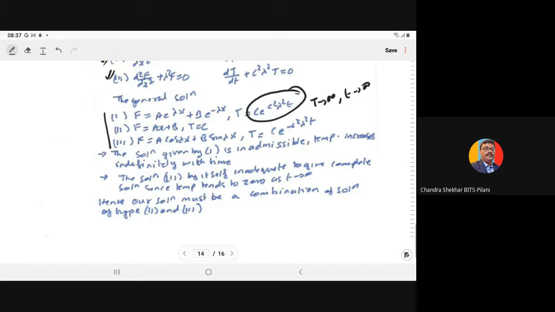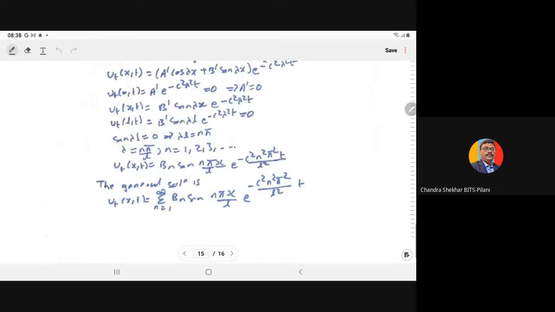The solution of the third type by itself is inadequate to give the complete solution, since the temperature tends to zero as t tends to infinity. So this case also we will not consider on its own. So here our solution must be a combination of the solutions of the second type and the third type. So here we have the solution from these two equations.